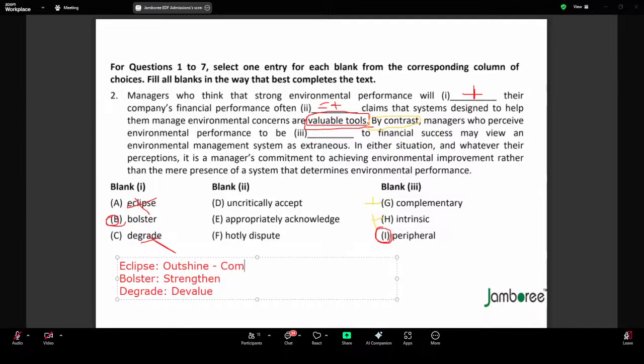Just remember one more thing: complementary with an I has multiple other meanings. This one is supporting. That one has two meanings: one is free, and the other is praise, with the I. This one is with the E, which means something that is useful. Periphery is like on the outskirts, or what they mean is being unimportant.